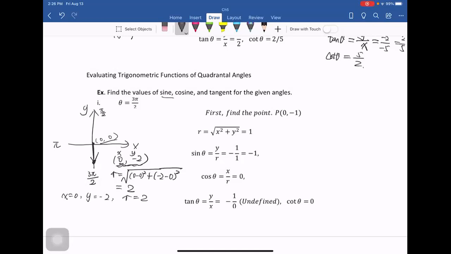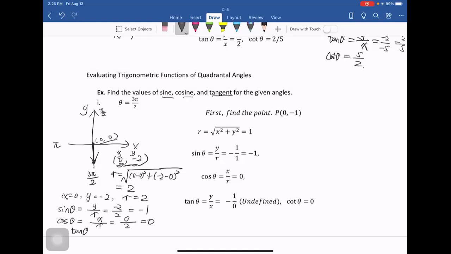They only ask the sine, cosine, and tangent. So sine theta equals y over r, that's -2 over 2, that's -1. Cosine theta equals x over r, that's 0 over 2, that's 0.